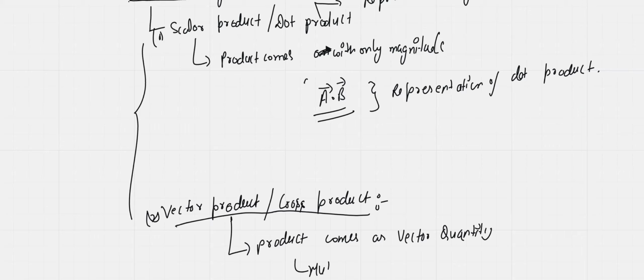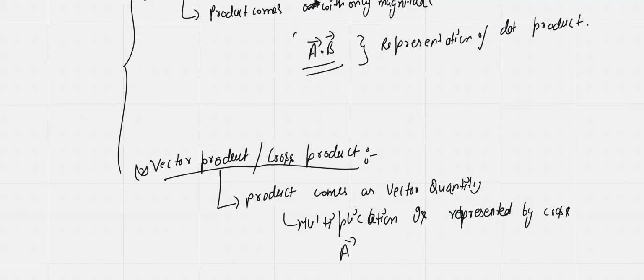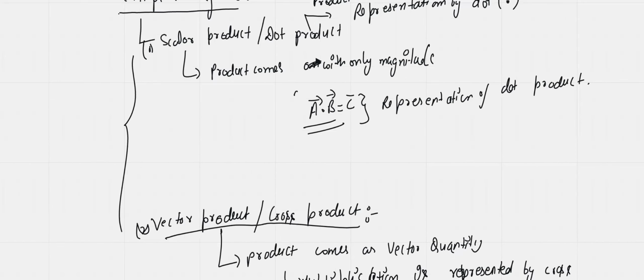The multiplication is represented by cross. What does this mean? When you do A cross B, you are going to get some vector C. This vector is a vector quantity. That's why this is a vector product. Here, if you do A dot B, you will get some value where you only get the magnitude. Okay? Only magnitude.